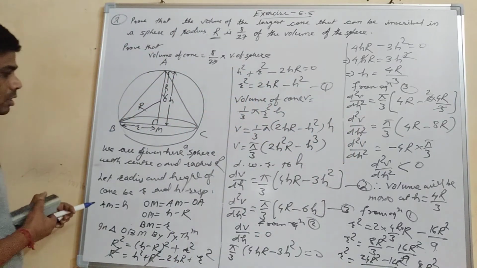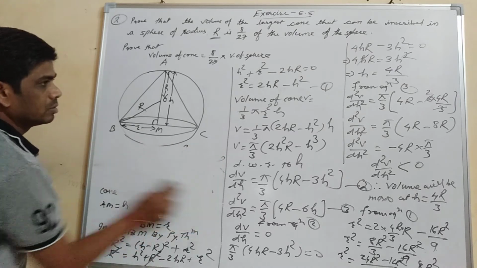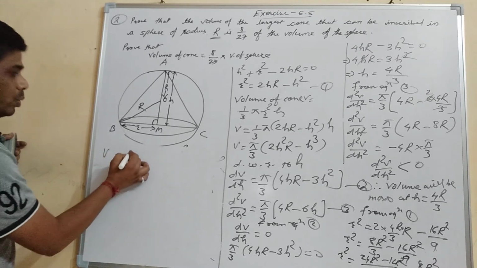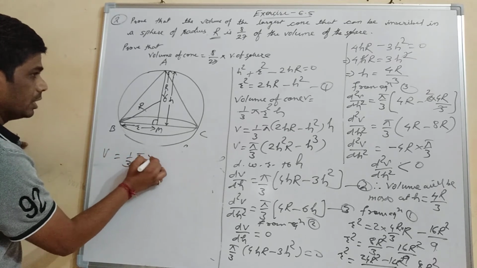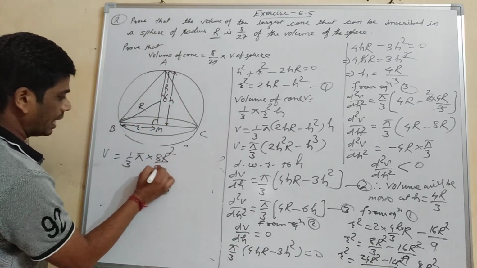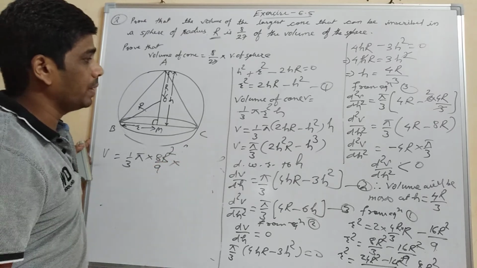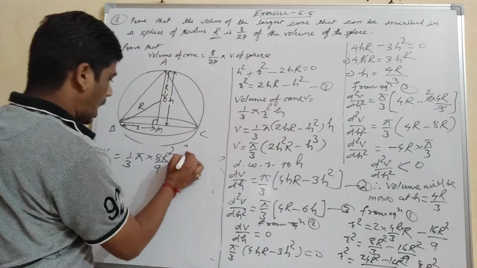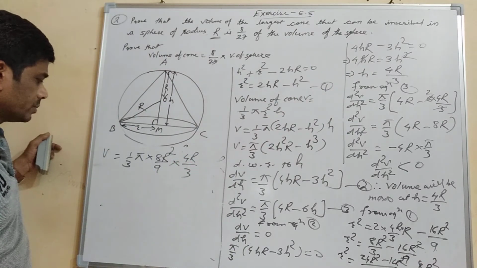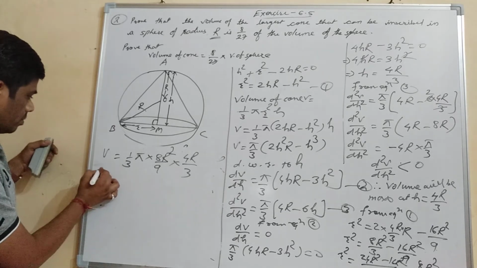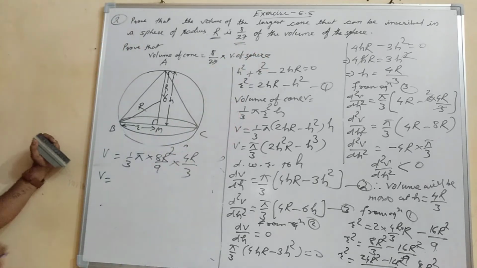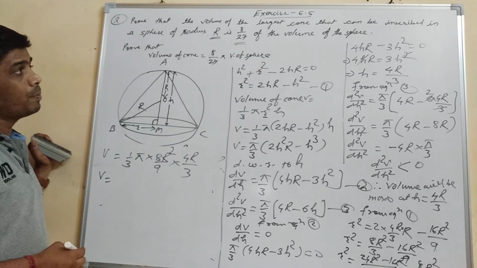So volume of a cone V equal to 1 upon 3 pi into r square. We got 8R square upon 9 into h, h will be 4R upon 3. Which means we got here V equal to 8 upon 27 times.